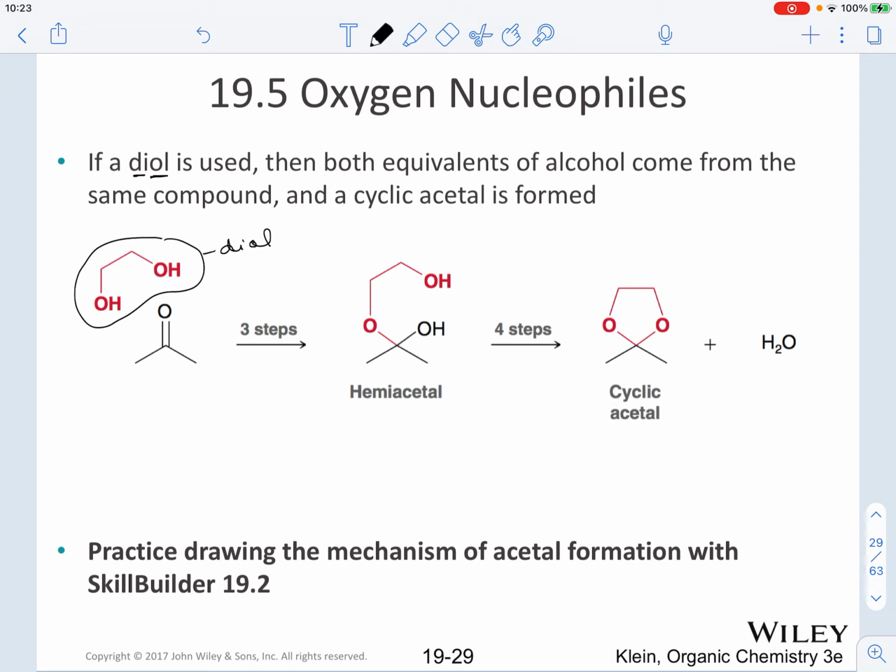Understand that in this diol, what we're going to form is a cyclic acetal. And as you can see, that cyclic acetal undergoes the same mechanism that we explained previously, but now because the molecule has the two OH equivalents, we're going to have a cyclic acetal. Make sure that you practice the mechanism for acetal formation when we have as our alcohol molecule a diol.